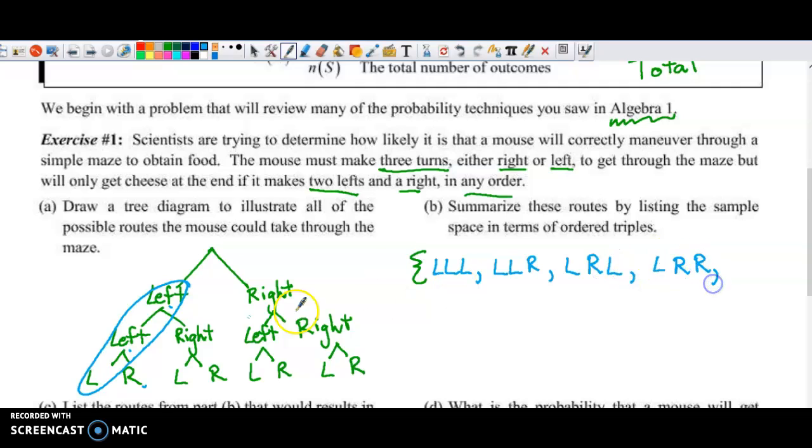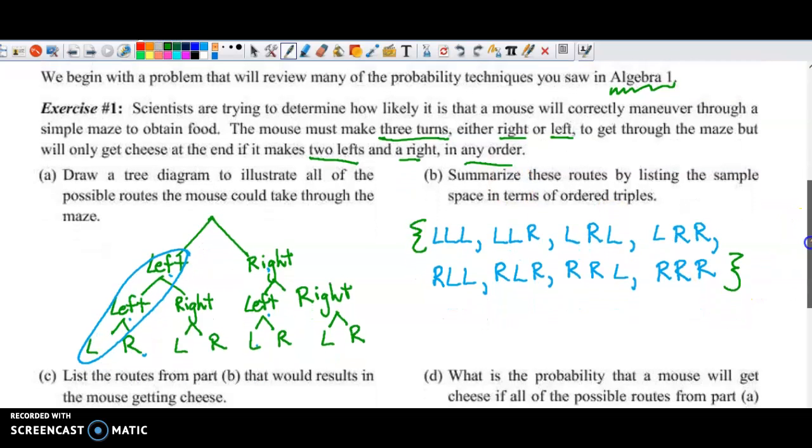I'm just going in order: right, left, left, right, left, right, right, right, left, and then right, right, right. That's what they meant by ordered triples. And that's a sample space.